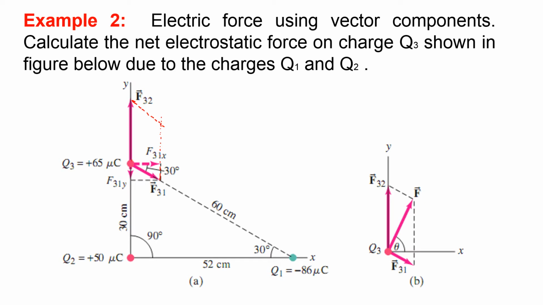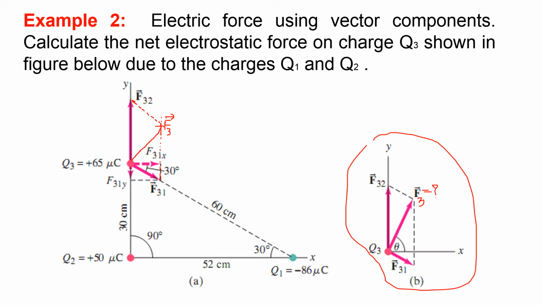The resultant vector is the resultant force, the force on charge 3, which is given in the right diagram B. Our question mark is to determine this force.